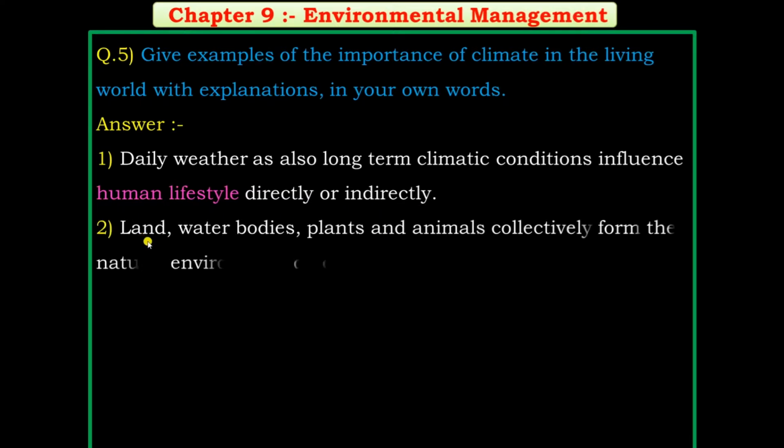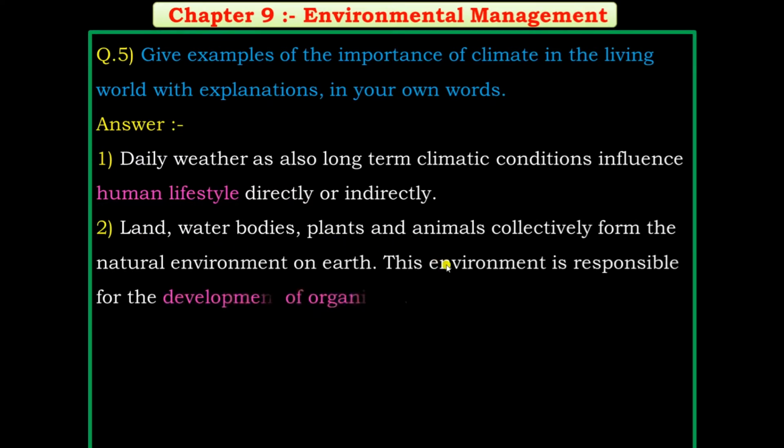Point number 2, land, water bodies, plants and animals collectively form the natural environment on the earth. This environment is responsible for the development of organisms.